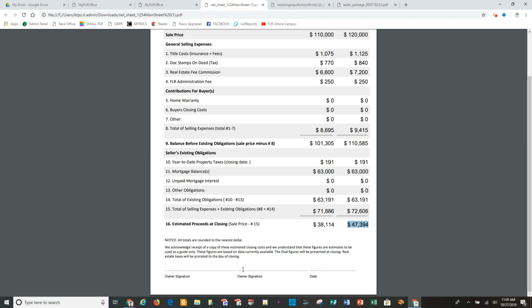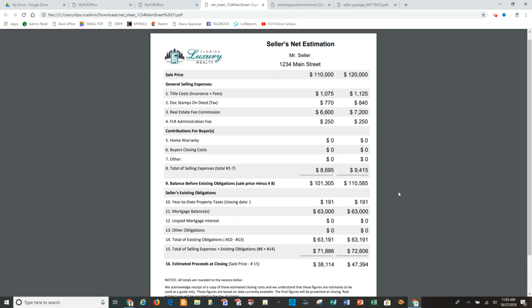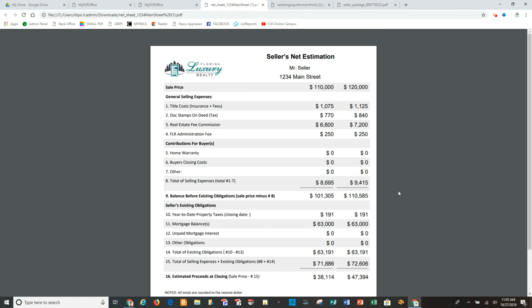It gives you the ability to have them sign this document. And another point in time where this is valuable is once you go into a purchase contract with an owner, or suggest a sale price that they may accept, then you could do another net sheet that would give them close figures based on the actual contract sale price.